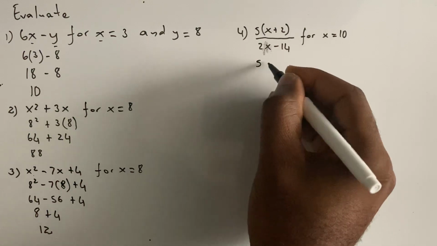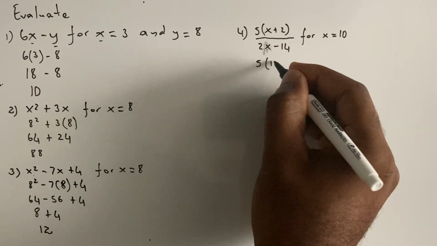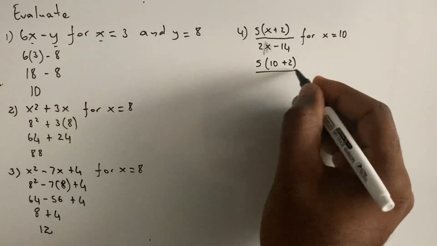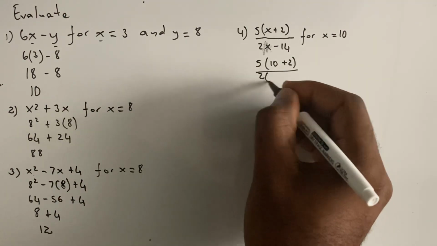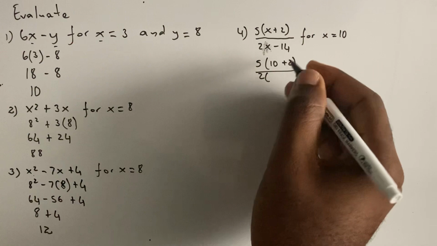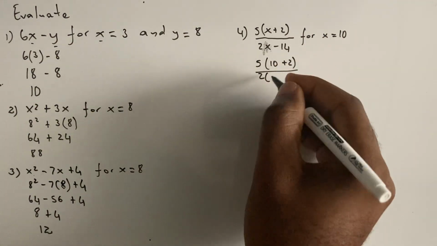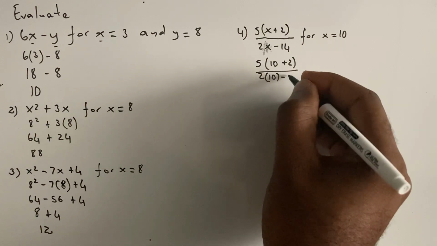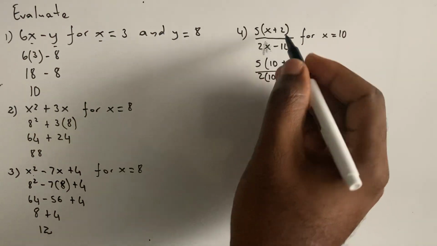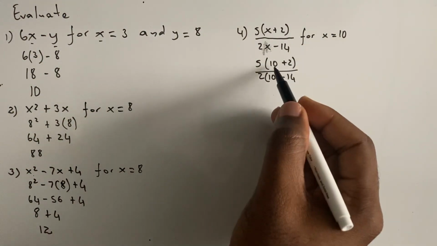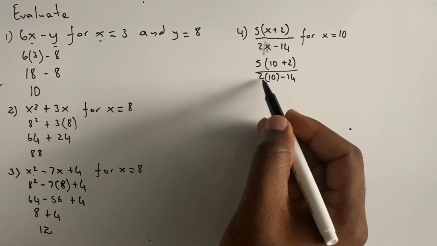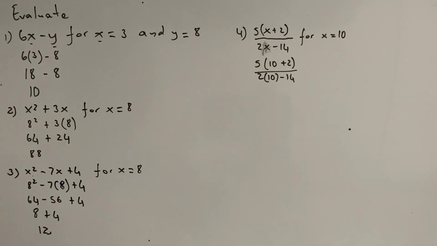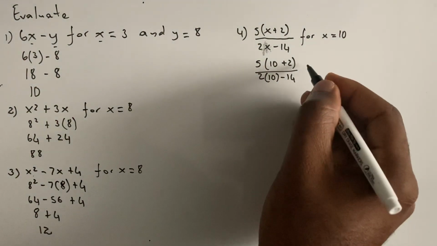So I'll have 5 times 10 plus 2, over 2 times 10 minus 14. I just replaced x by its value, and we can go from there.